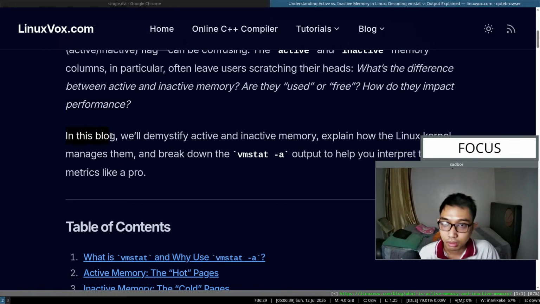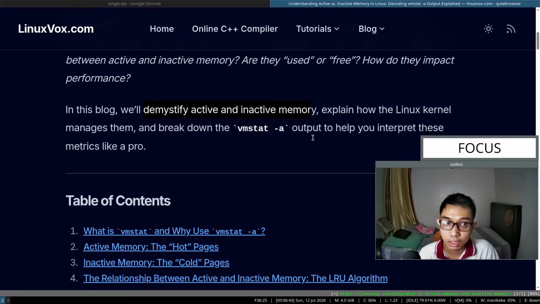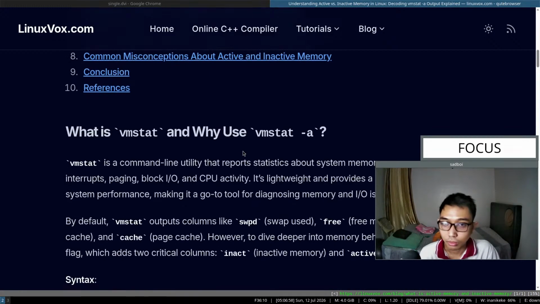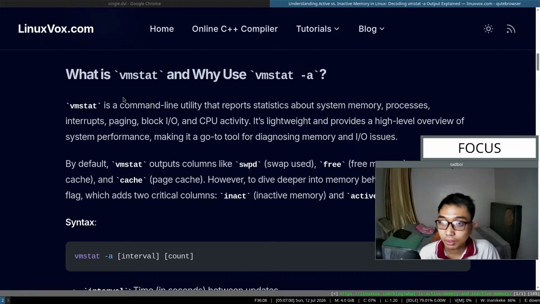In this blog, we will demystify active and inactive memory, explain how the Linux kernel manages them, and break down the vmstat -a output to help you interpret these metrics like a pro. Okay. What is vmstat and why use vmstat -a?